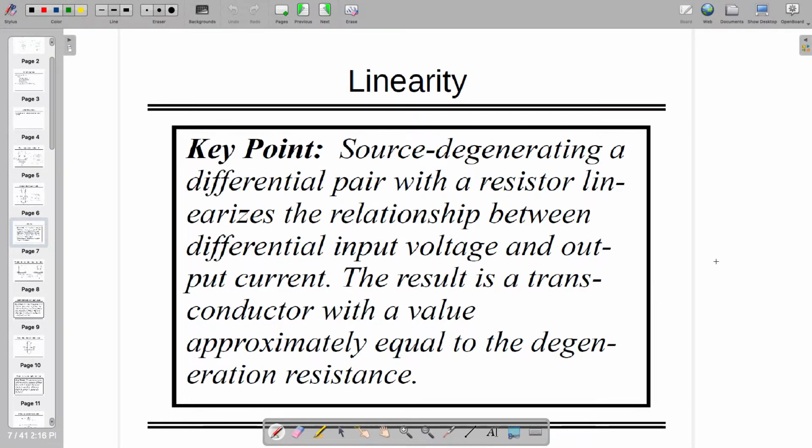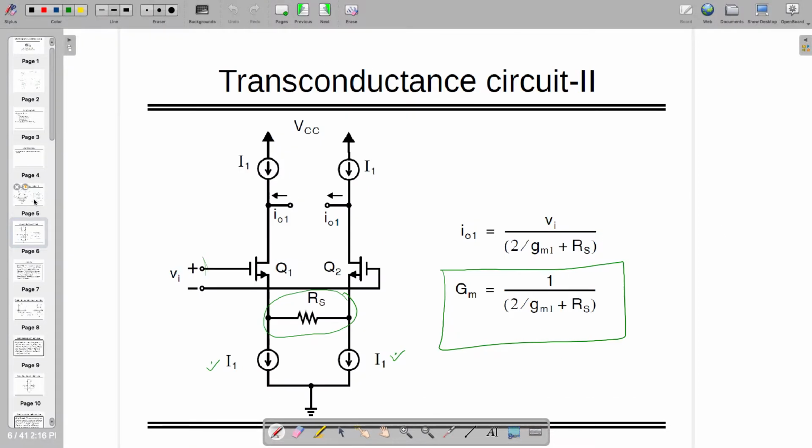Okay, so in terms of linearity, source degenerating a differential pair with a resistor linearizes the relationship between differential input voltage and output current. The result is a transconductor with a value approximately equal to the degeneration resistance. Now, 2 by GM will be in some hundreds of ohms.